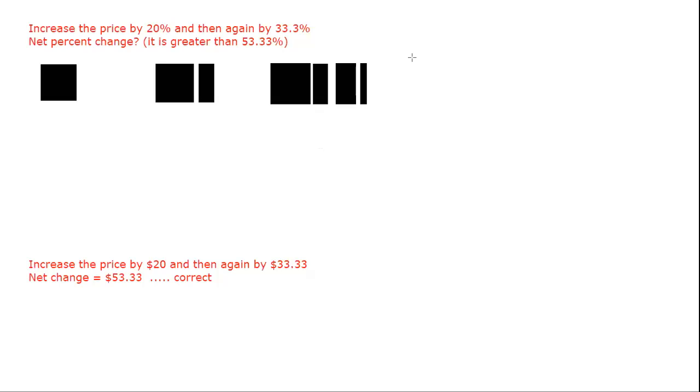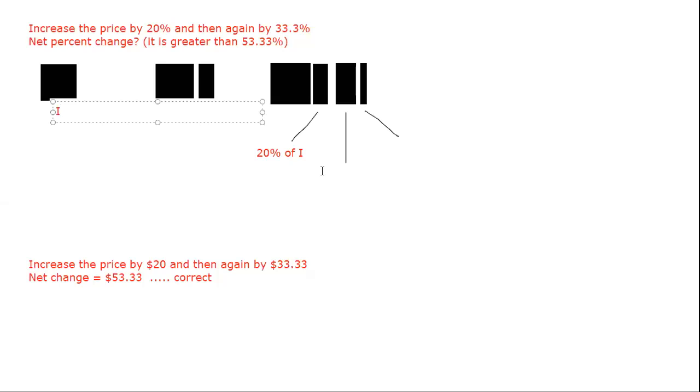So what are the things which I have got? I have got a 20%, I have got a 33%, and I have got something extra here. Let's see what that is. So this is 20% of the initial, where this is the initial, right?